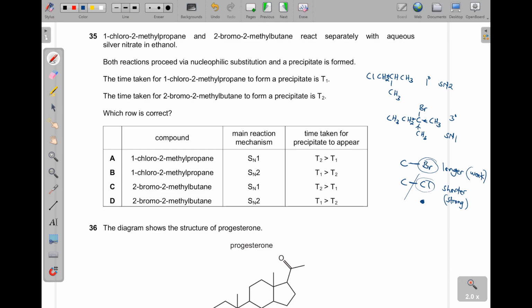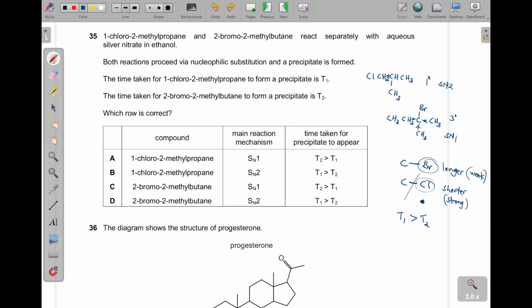So that means for 1-chloro, if it is T1, the time taken here, T1 must be greater than T2. The time taken to break this one here has to be very small, so T2 is less than T1. You see that? So which row is correct?